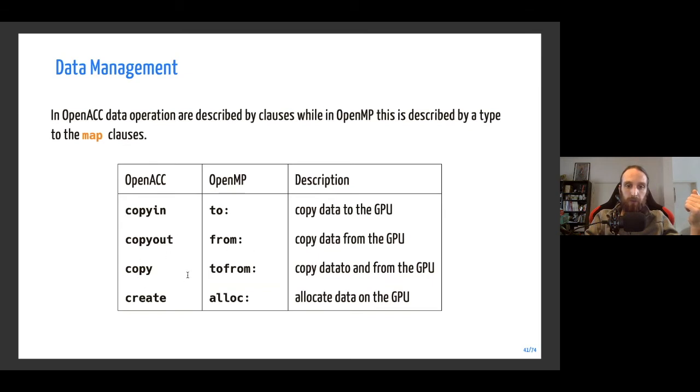Then you have copy and to from, which is the default behavior for OpenMP, which means that you want to copy the data to and from the GPU. So you need the initial value of the data, and at the end of the computation, you want the result back on the CPU. And then you have the create clause that creates the data, so malloc on the GPU basically, and in OpenMP you use alloc to do so.